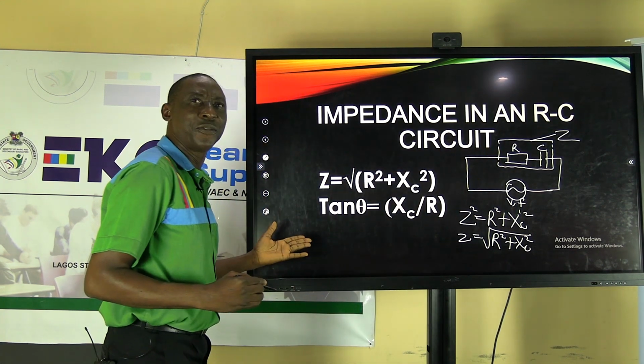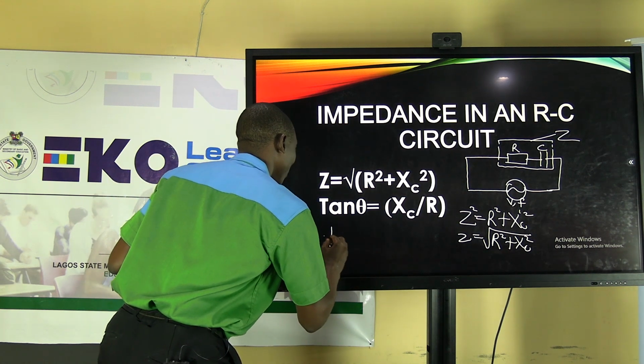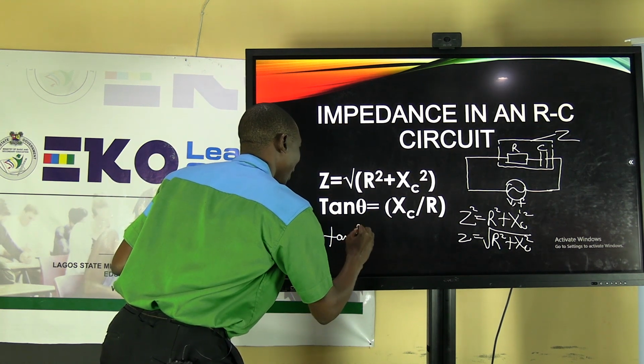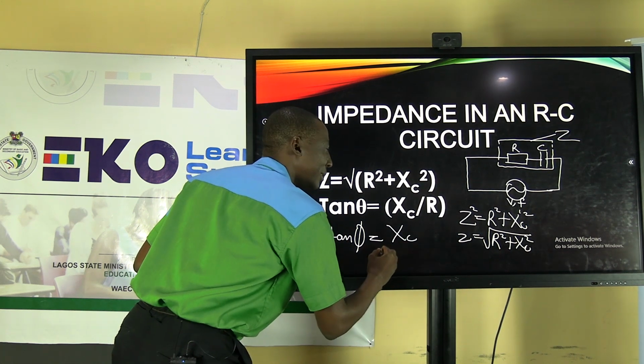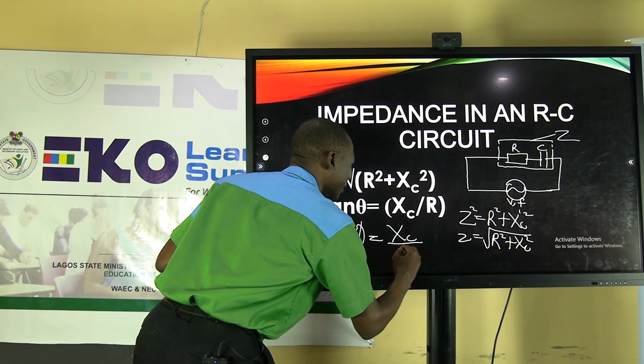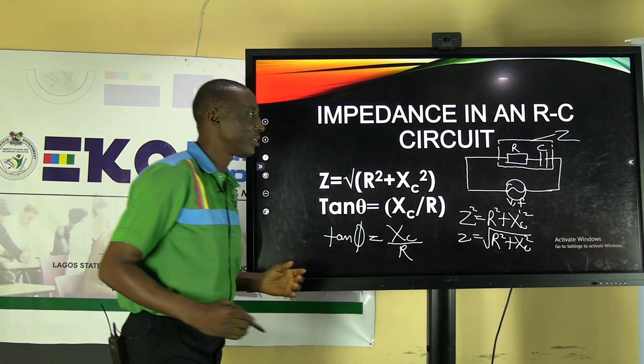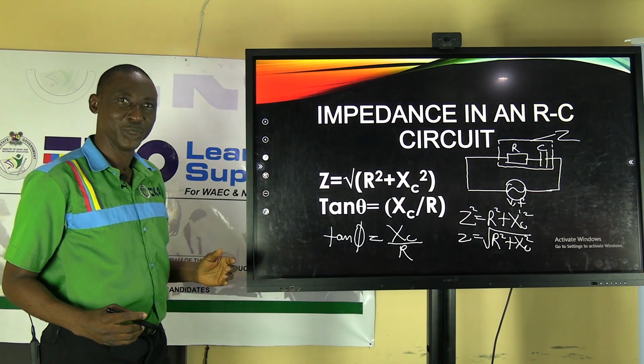Now, tan phi, which is the angle, equals X, that is capacitive reactance, over resistance. So you can see that.